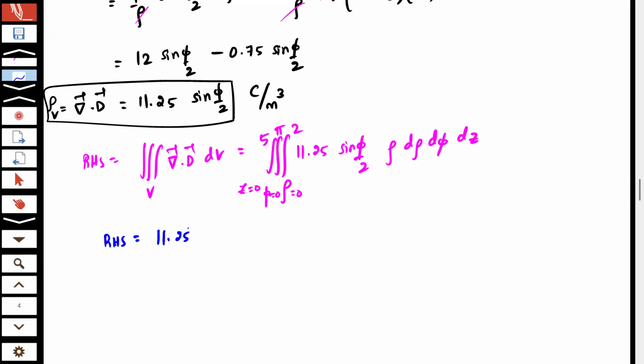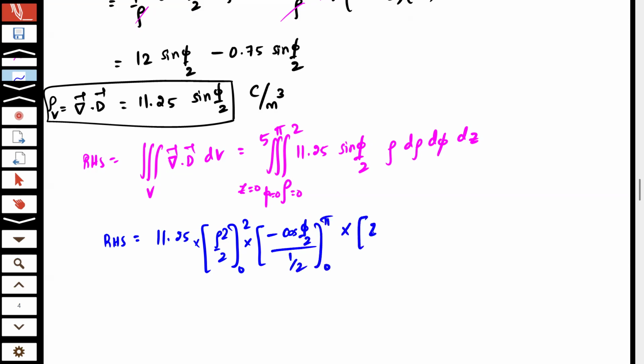So 11.25 is constant. Integration of rho dρ is rho squared by 2 with limit 0 to 2. And integration of all these are in multiplication. So integration of sin(phi/2) is minus cos(phi/2) divided by 1 by 2. The limit is 0 to pi, and the z limit is 0 to 5. So when you substitute, you will be getting 11.25 into 1 by 2 into 4, multiplied with 2. This 1 by 2 in the denominator, I'm bringing to the numerator as 2.